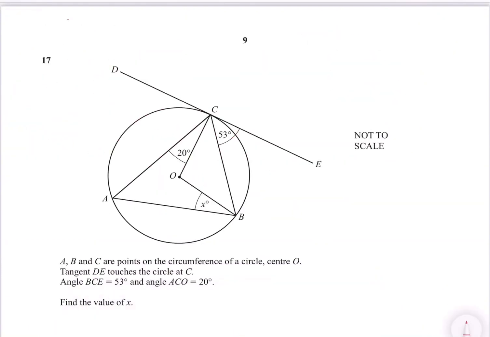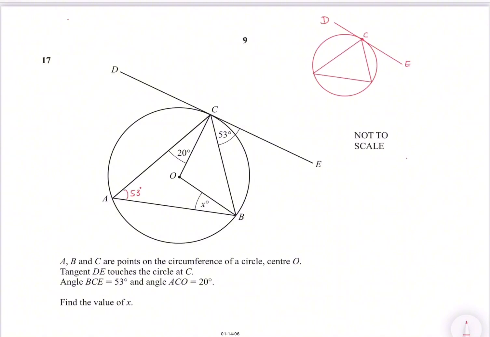Okay, now this is question number 17. Find the value of x. So at A, I'm writing 53 because I'm using the alternate segment theorem. Let me remind you, this is a tangent to the circle and make a triangle on it.